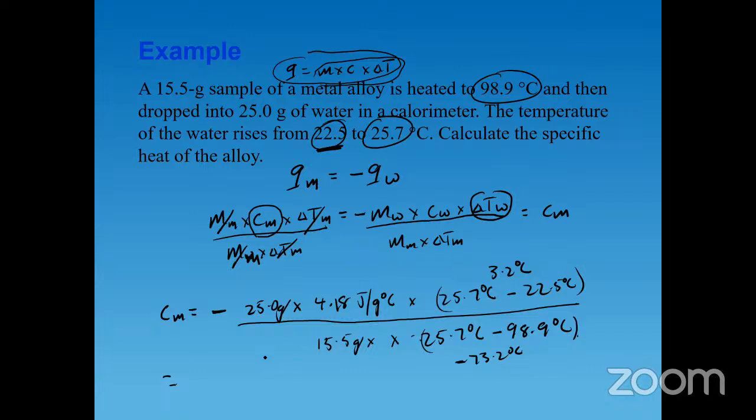According to my calculations, the answer becomes minus, I'm sorry, not minus, 0.29. And in terms of the units, the degrees Celsius will cancel out here and here, which means that the final units would be joules per gram degrees Celsius, and that's it.